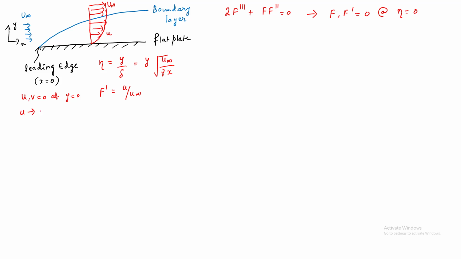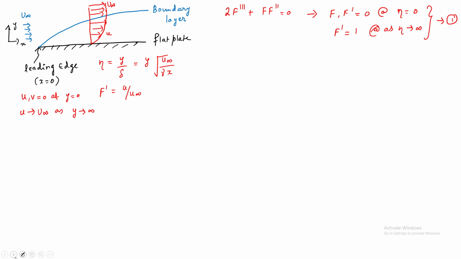And u tends to u infinity as y tends to infinity, as we already said u becomes the free stream velocity. Then f dash becomes 1 as eta tends to infinity. Let's call the equation and the boundary conditions equation 1.